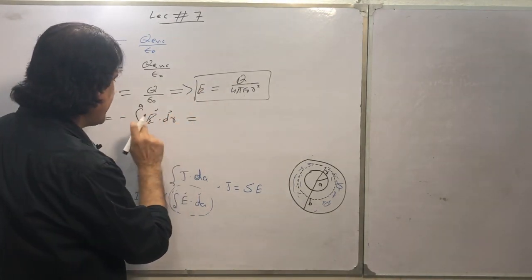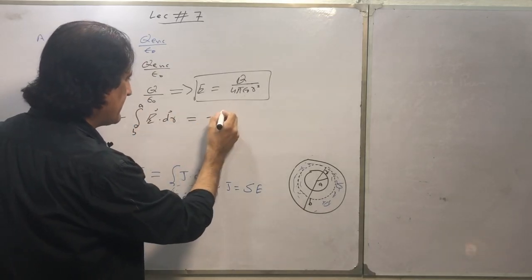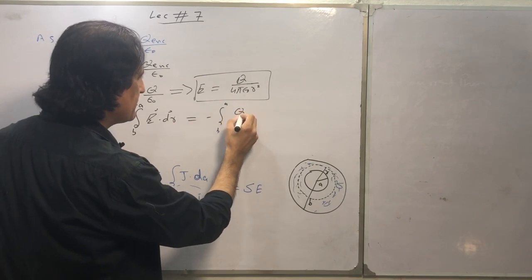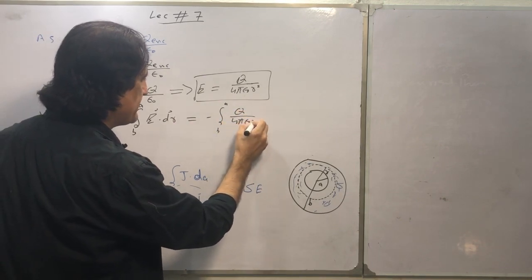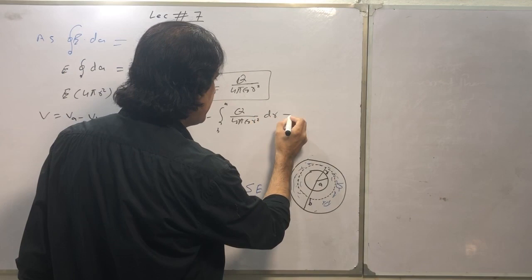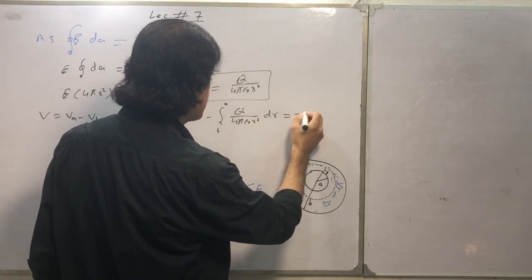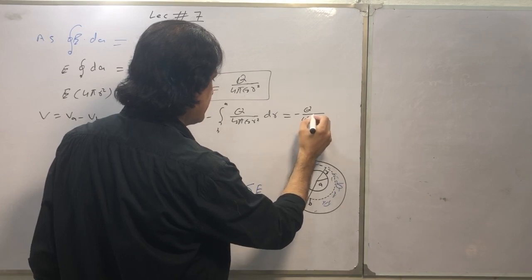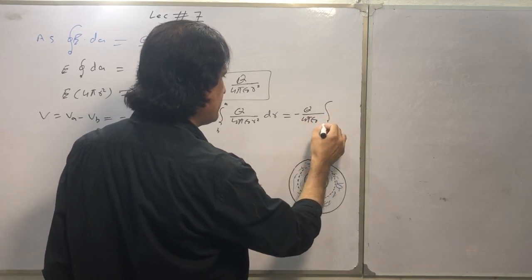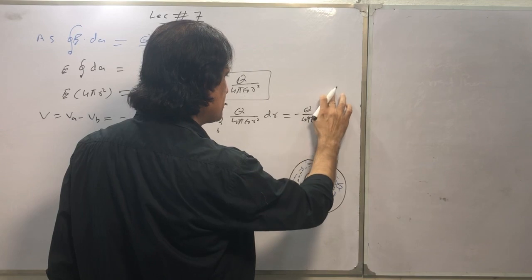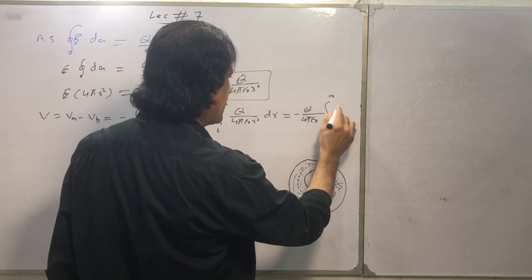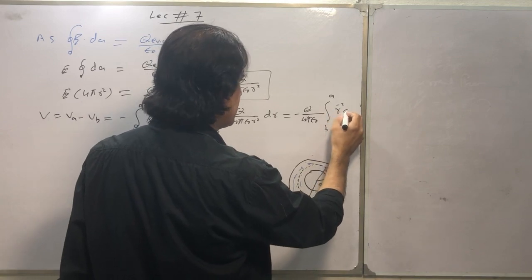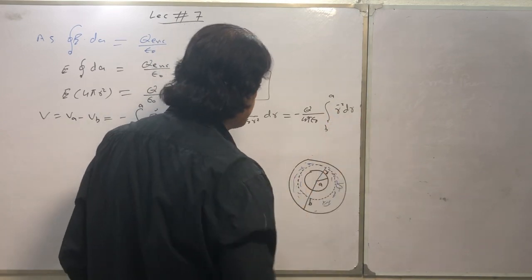Putting the value of E, Q divided by 4 pi epsilon naught r squared, from B to A. Q is constant, 4 pi epsilon naught is constant, and we only have the integral from B to A of 1 over r squared, that is r to the power minus 2, dr.